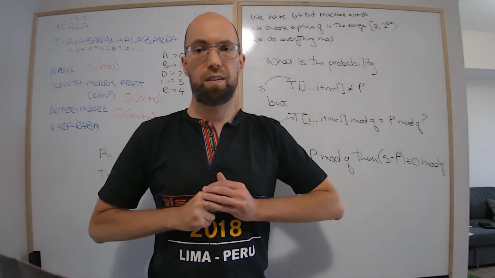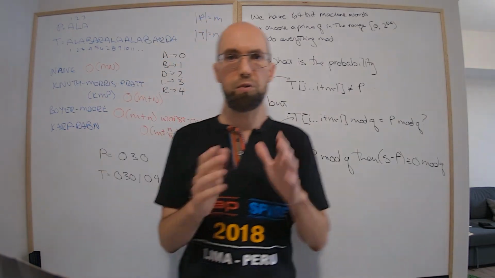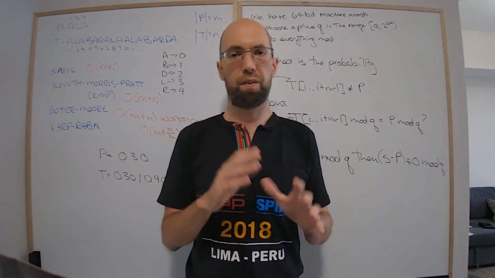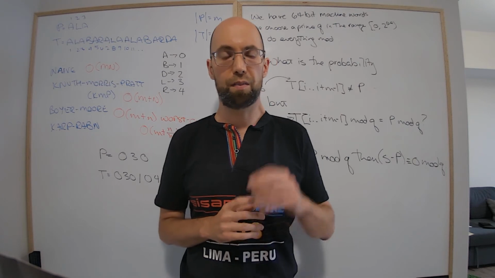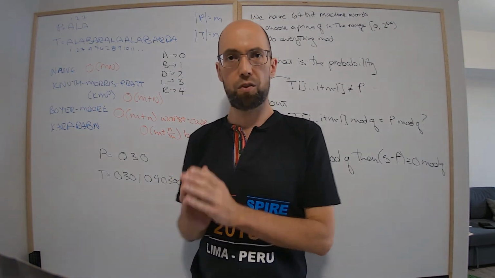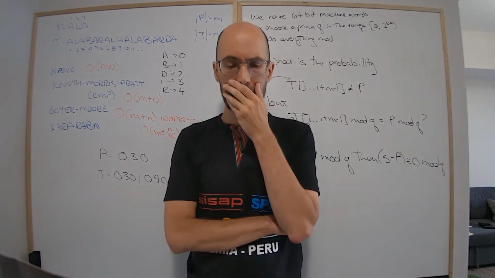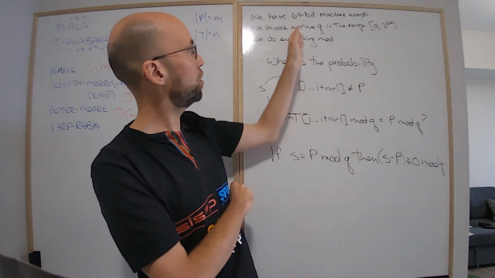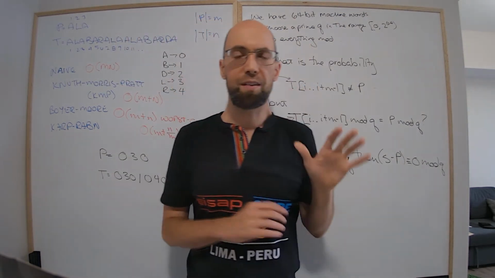Now, this gets into a bit of nasty statisticky stuff, but suppose we just consider a particular substring of T of length M. So some particular S. Now remember, we chose Q pseudo-randomly in that range.